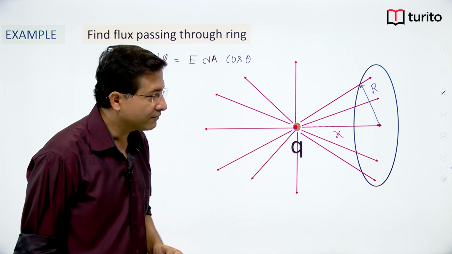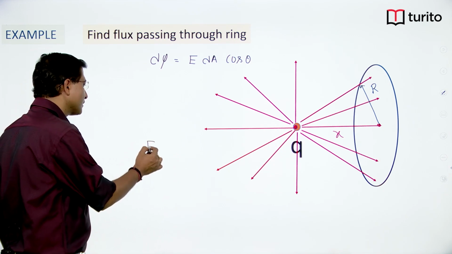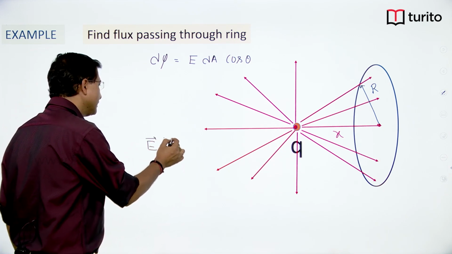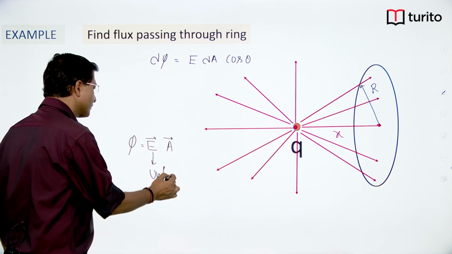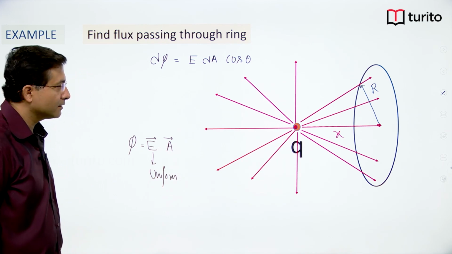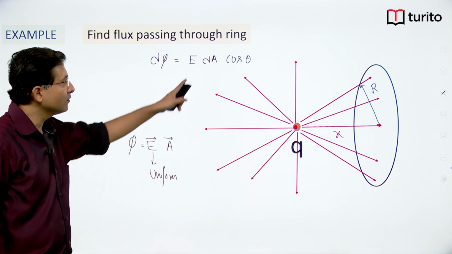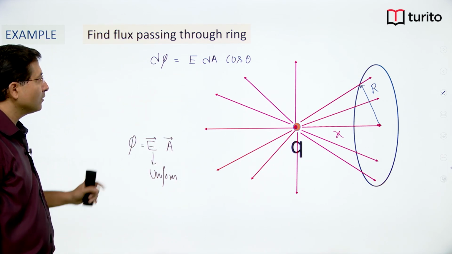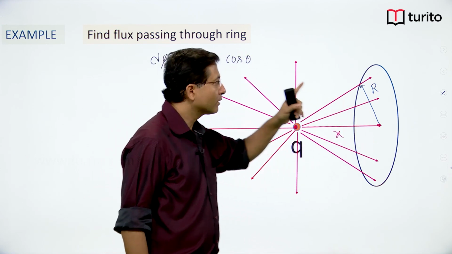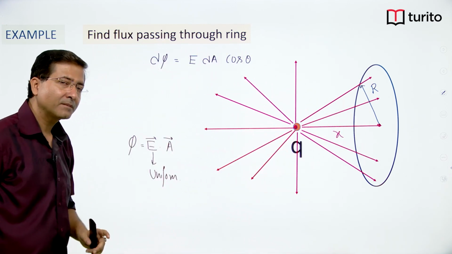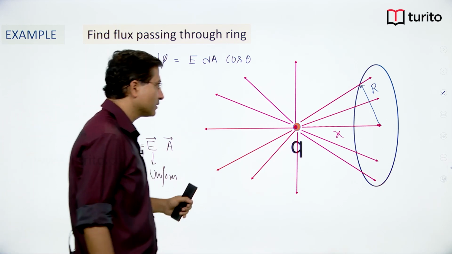If the field is constant everywhere over the area, then I can directly write E dot A, provided the field is uniform. But here you can see that the field is different everywhere, that means the field is non-uniform. If the field is non-uniform, then I need to take an element to get the flux associated with the element, and integrating that I will get the total flux associated. So, this is the procedure.